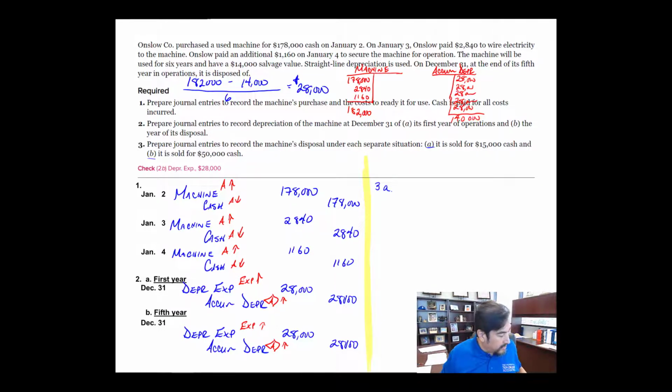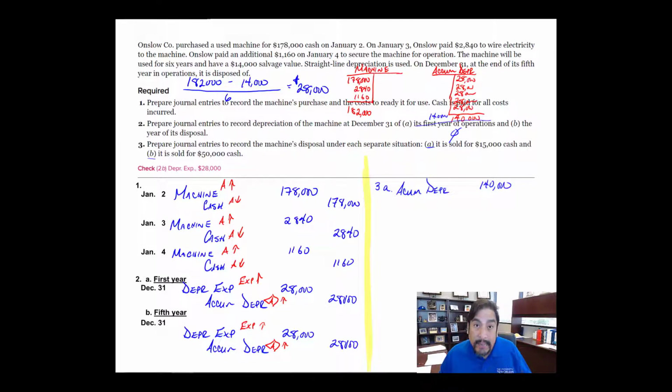We always have to get rid of the machine balance and to get rid of the accumulated depreciation balance. Accumulated depreciation has a credit balance, so I'm going to debit it for $140,000. That's going to wipe out that balance in the T account.